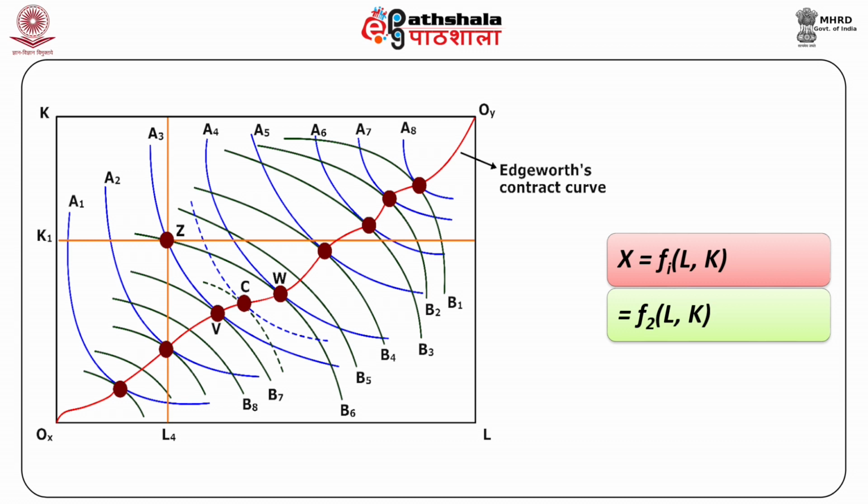The properties of the isoquant remain the same, that is, for the product X, as we are going from left to right, the quantity of the output increases, and for commodity Y, as we are going from right to left, the quantity increases. Therefore, we have two sets of isoquants which are opposing each other.